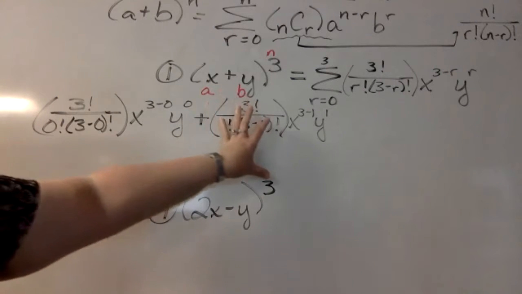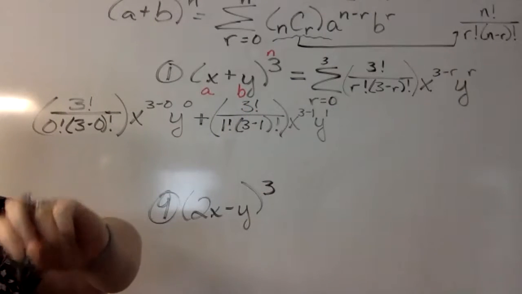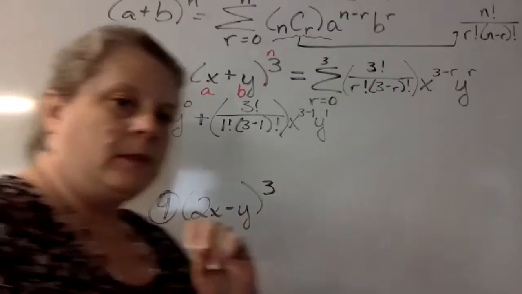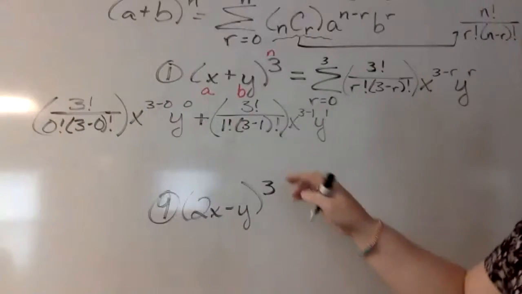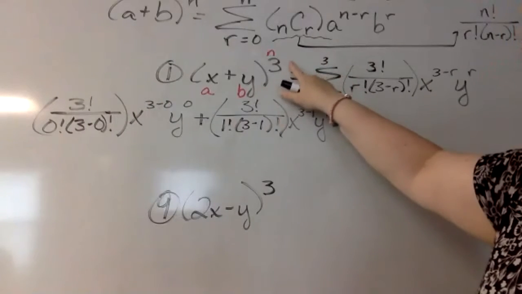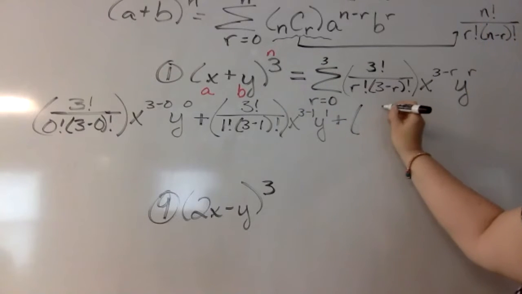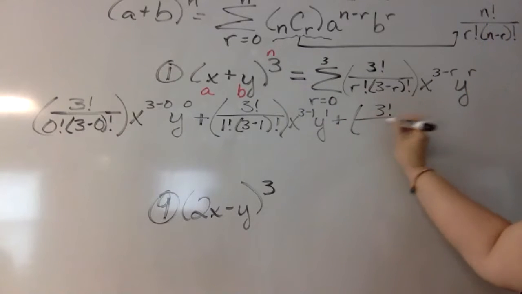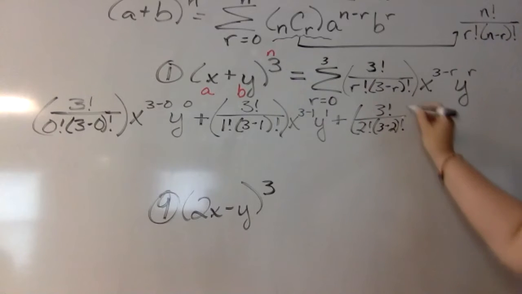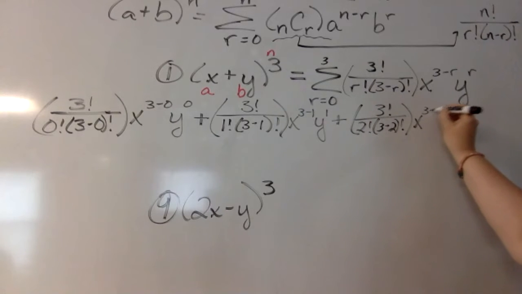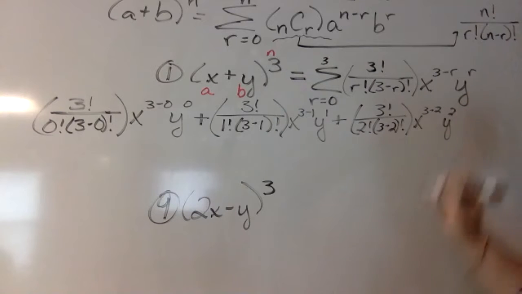We did it where r is 1. Now we have to do it where r is 2. Remember, we keep going. We have to go from 0 up to 3. So now we do it with r is 2. So I have 3 factorial over 2 factorial, 3 minus 2 factorial, x to the 3 minus 2, y to the 2.